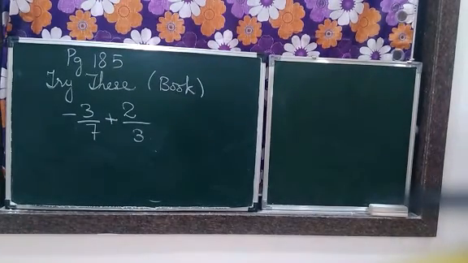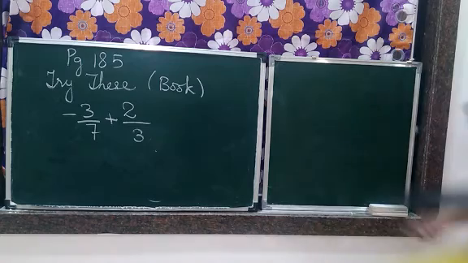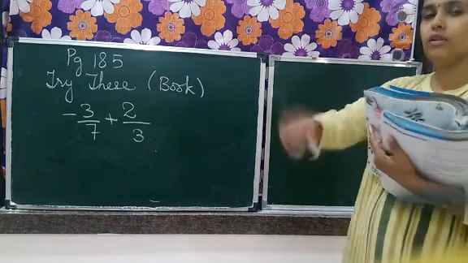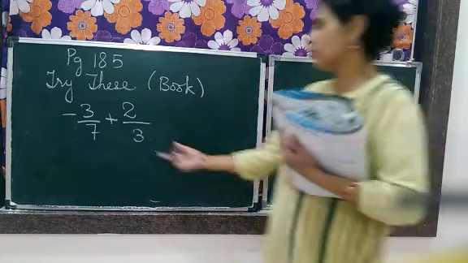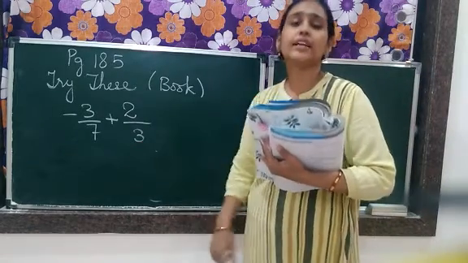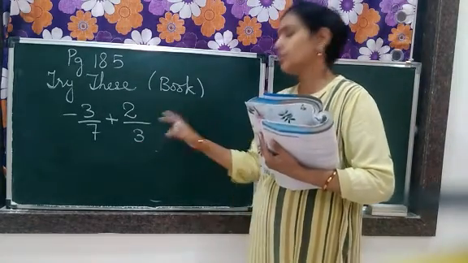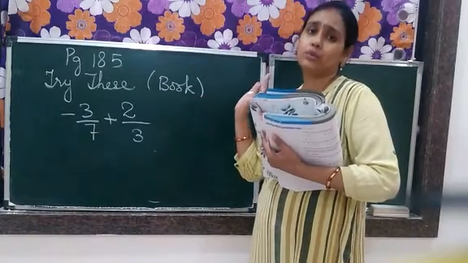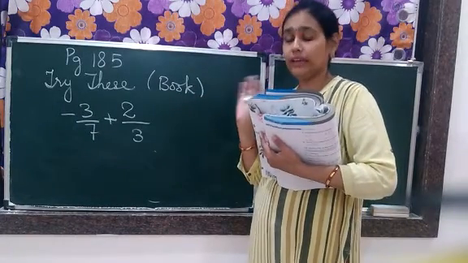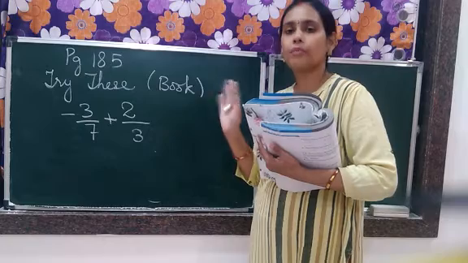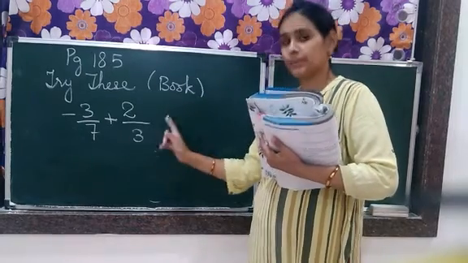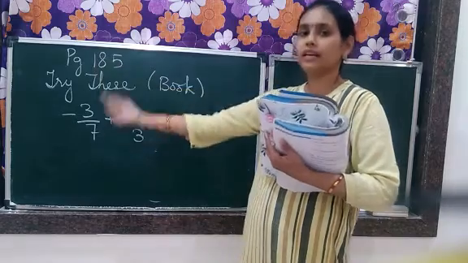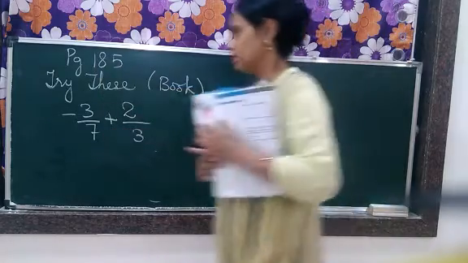No, they are not same. So what to do? We'll make them same. How? Interchanging and multiplying. Why interchanging and multiplying? Because nothing you can multiply 2 or 3 by to get 7, and again nothing you can multiply 7 by to get 3. Impossible. So there is no common factor method. Directly we are going to interchange and multiply. That is, 3 will multiply that side, 7 will multiply this side.